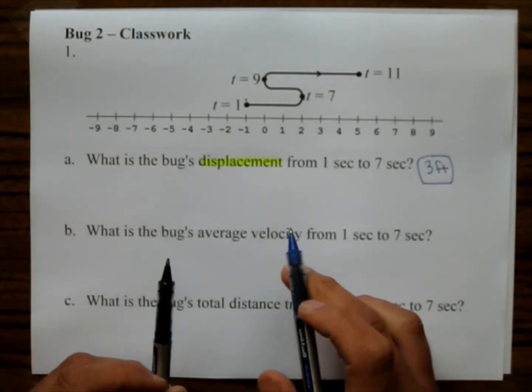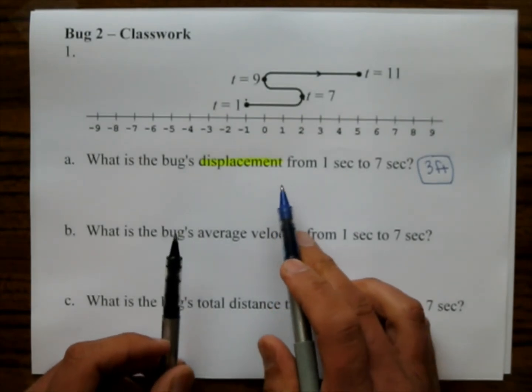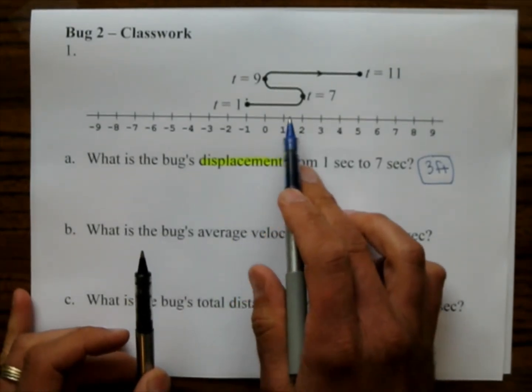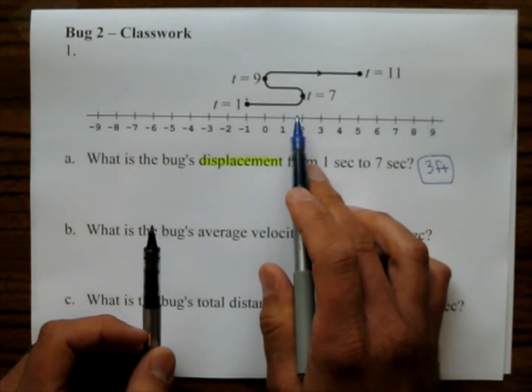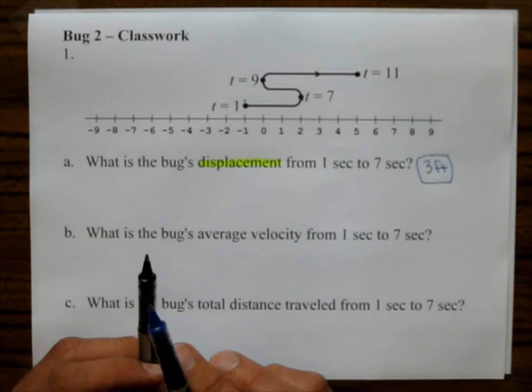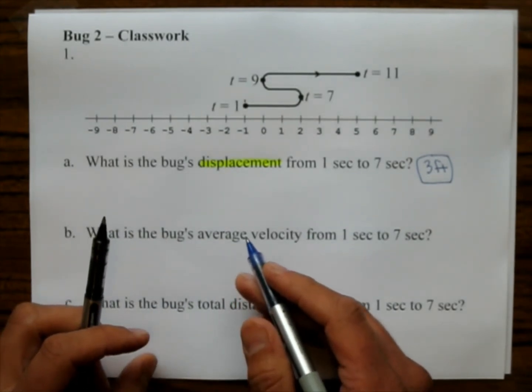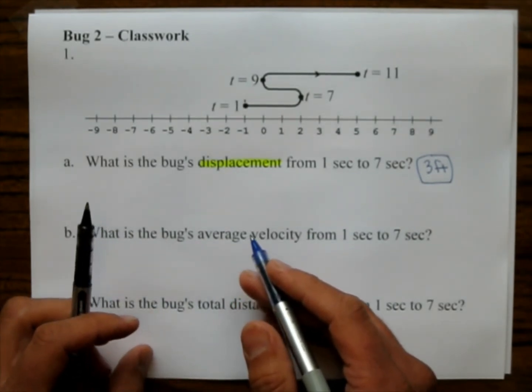Another way of figuring out the displacement, especially when you don't have this diagram, is using the position function. Remember that the position function was like f of t.